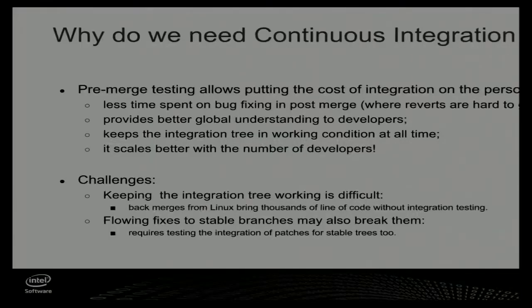So why do we need continuous integration? When you've got that many developers, like 1,500 working on different parts of the kernel, a developer at some point is going to be changing the memory subsystem, and it's going to affect in very weird ways other parts of the kernel, for instance, graphics.